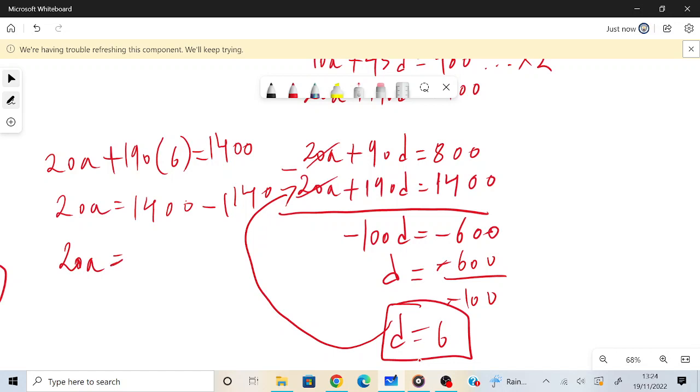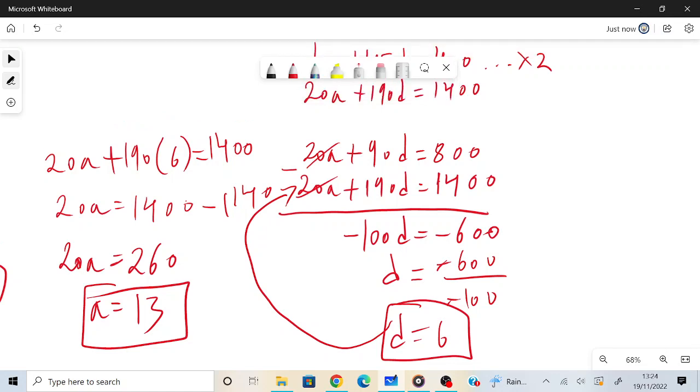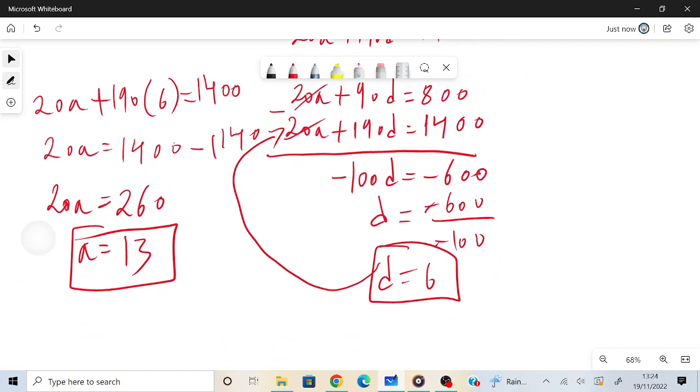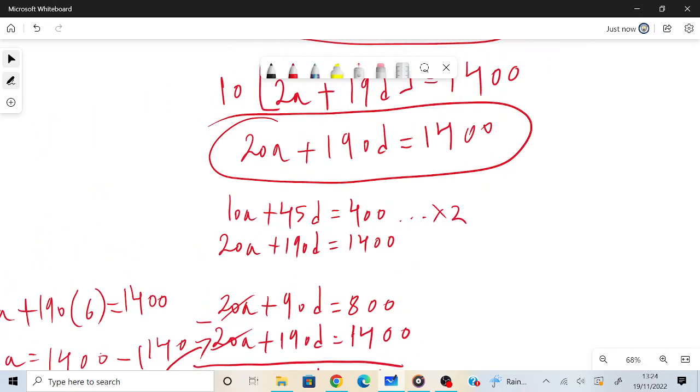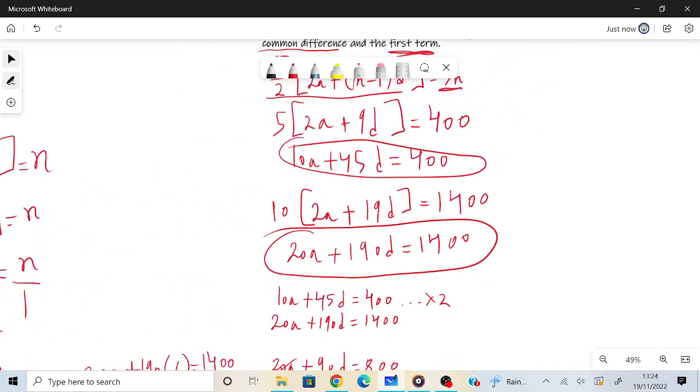Confirm real quick. Yep, 260. a is 260 divided by 20, which is nothing but 13. So our first term is a, which is 13, and our common difference is d, which is 6. And that is the answer to that particular question.